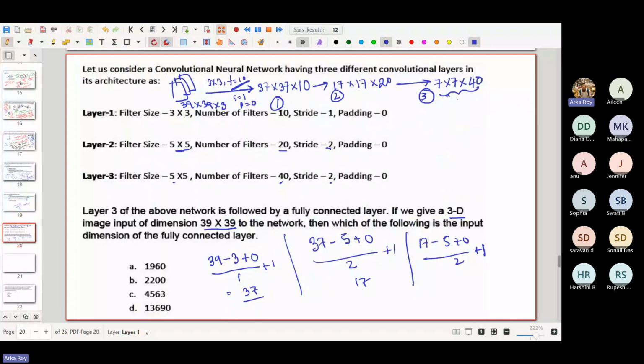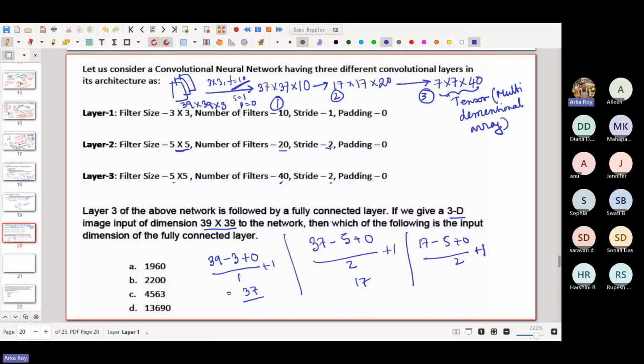We have already talked about what is a tensor or a multi-dimensional array. If this was only 7 cross 7, we could have said that this is a matrix. Now we can see this is a 3-dimensional matrix, and we generalize its name as tensor or a multi-dimensional array.